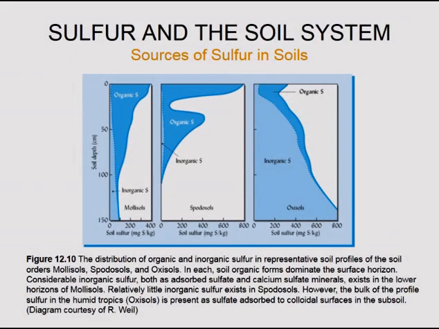What you're looking at here is a soil profile. Here you have the soil surface, and we're moving down the profile. What you're looking at down here is sulfur concentration. Typically in most soils, you'll have a high concentration of organic sulfur towards the top. And this is in a mollisol. You'll remember that a mollisol is a prairie type soil, with a fair amount of organic matter.